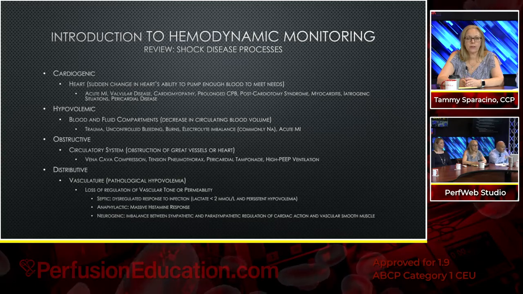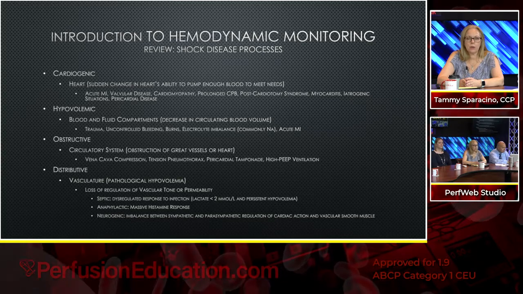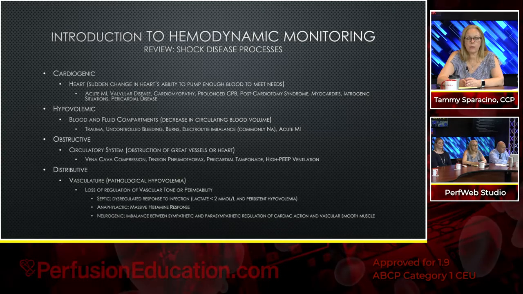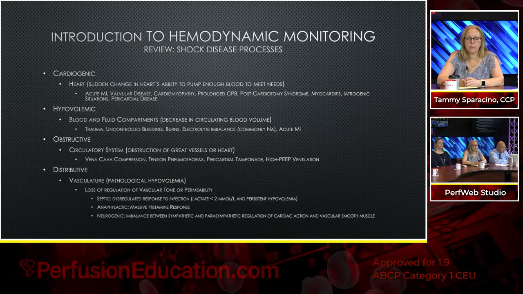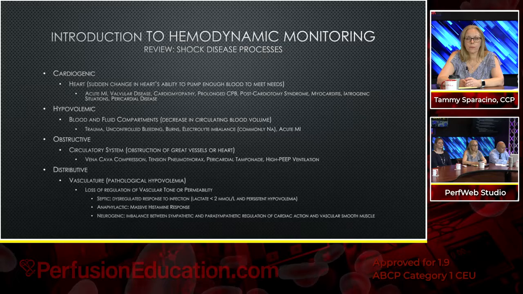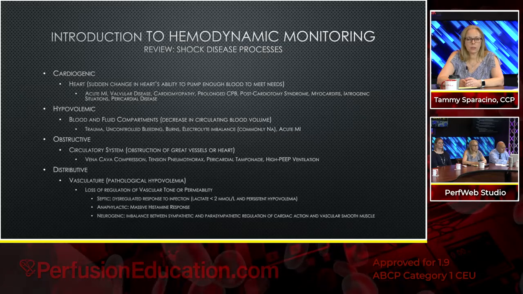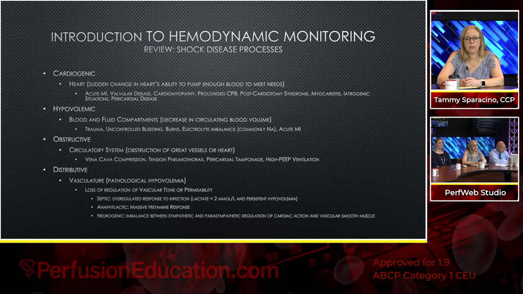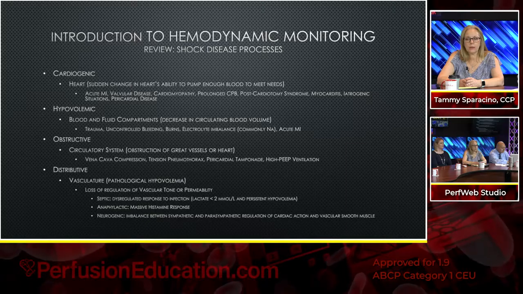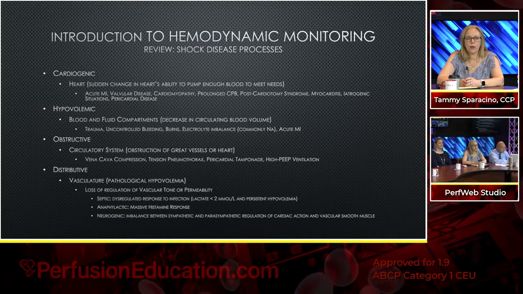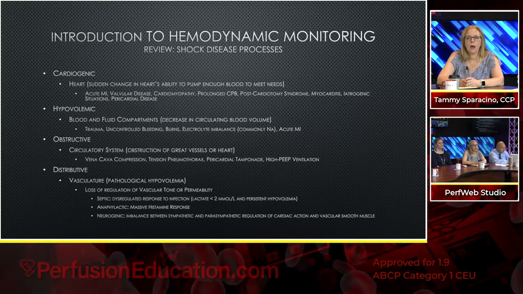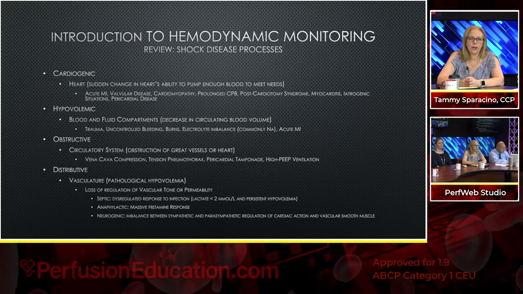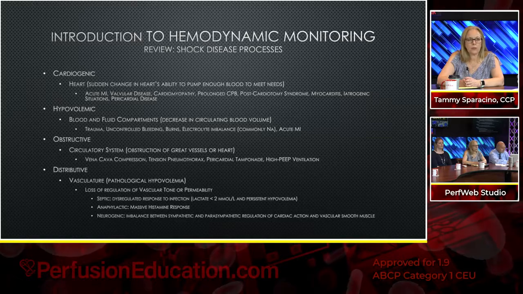Three categories of that are septic, which, as we know, is a dysregulated response to infection, lactate greater than 2, and persistent hypovolemia. Also anaphylactic, which is, of course, a massive histamine response. And then neurogenic, when you have an imbalance between the sympathetic and parasympathetic regulation of cardiac action and vascular smooth muscle.